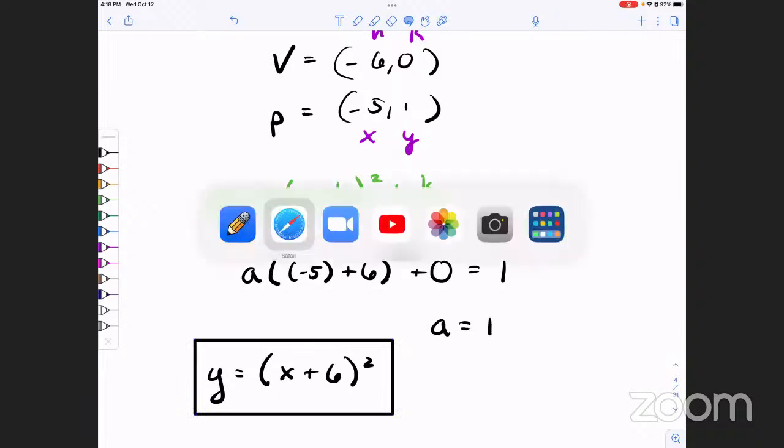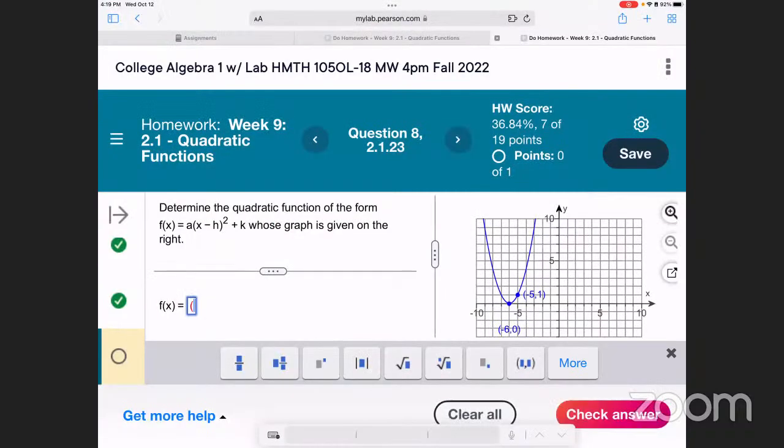So it's just x + 6 squared. And notice that when x is -6, y is 0. When x is -5, y is 1. That's about the best we can do there.